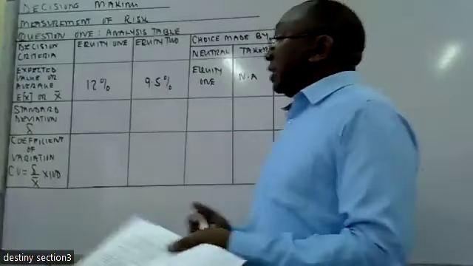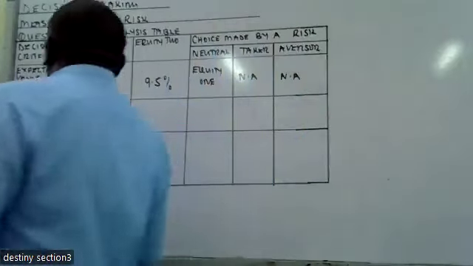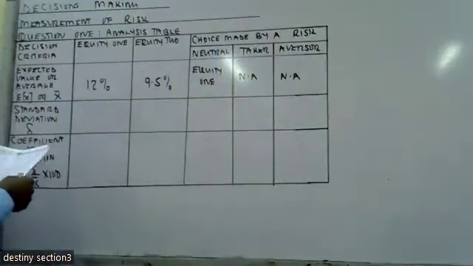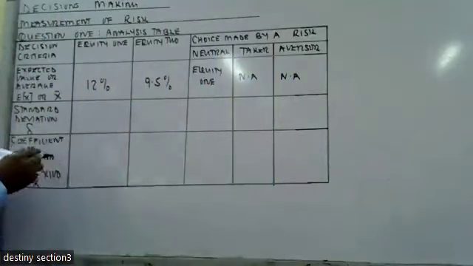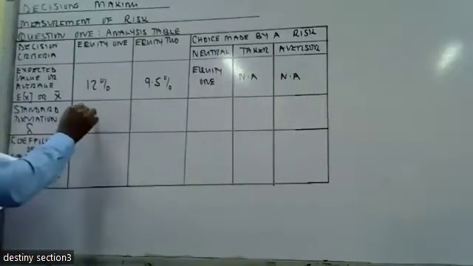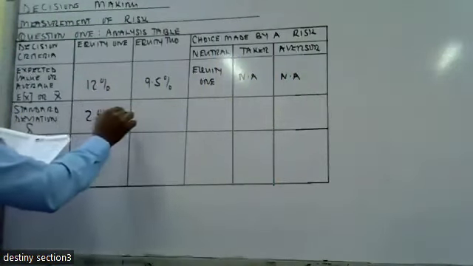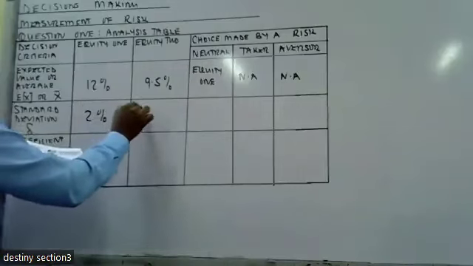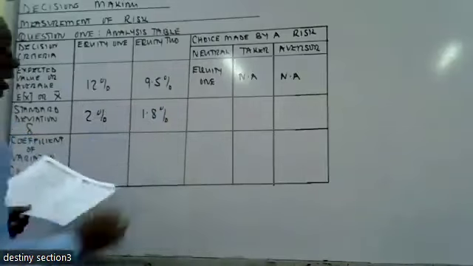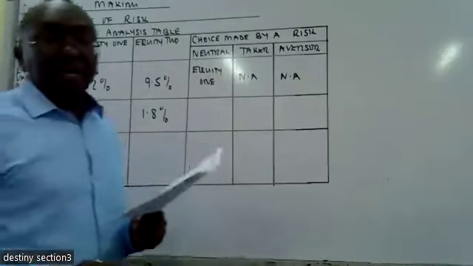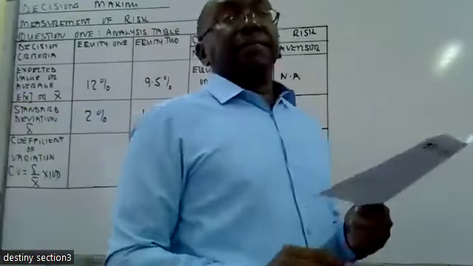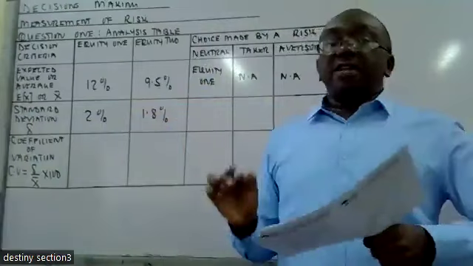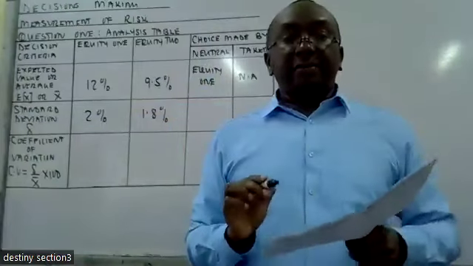Then, when you look at the standard deviation, equity 1 is given as 2% and equity 2 as 1.8%. Now, standard deviation is a measure of risk, and the higher the value, the higher the risk.